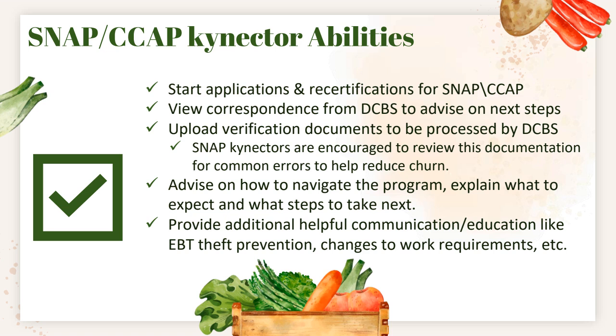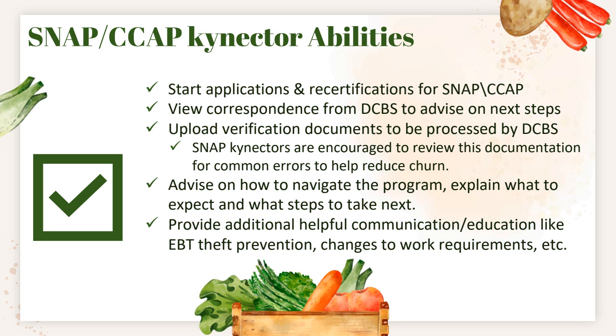Let's talk a little bit about what particularly our SNAP and child care kynectors can do, since we're looking more at hunger and food insecurity. Our folks that are trained in SNAP can start applications and recertifications for SNAP and child care. So they help be the on-ramp to get benefits.